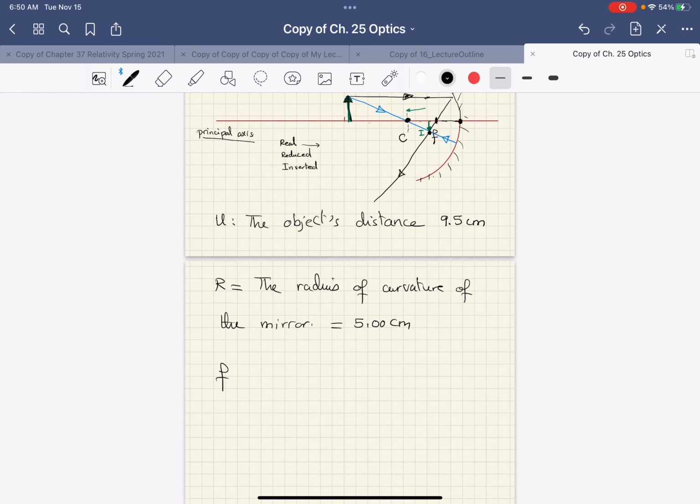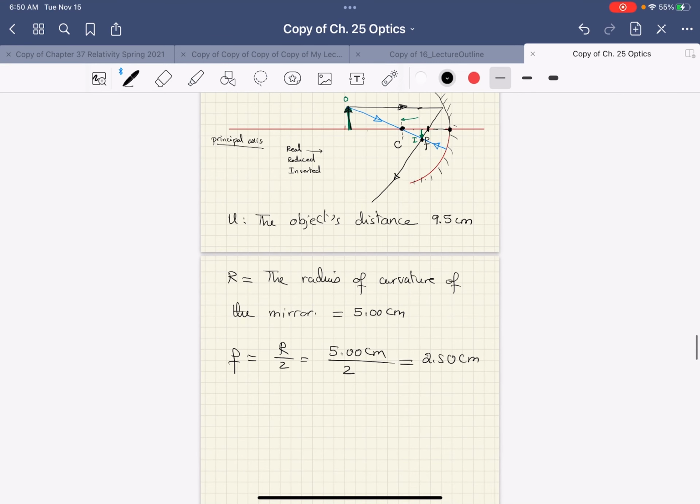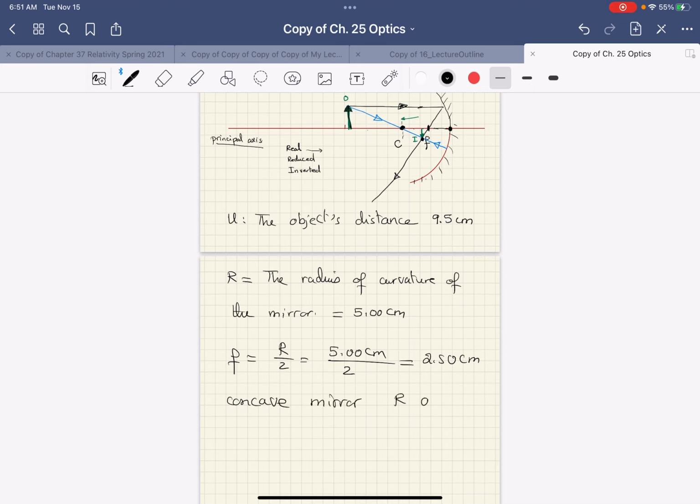The focal length is R over 2, which is 5 divided by 2, and that is 2.5 centimeters. Now, for a concave mirror, R and F are both positive. All right?